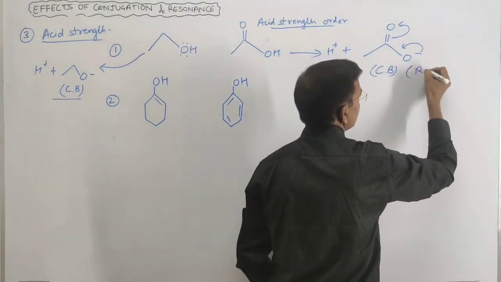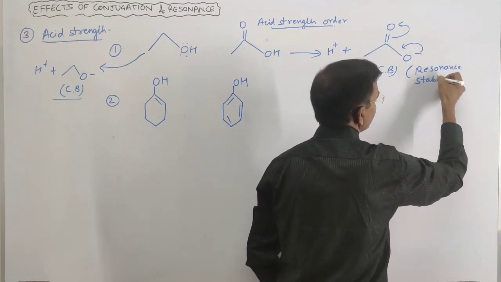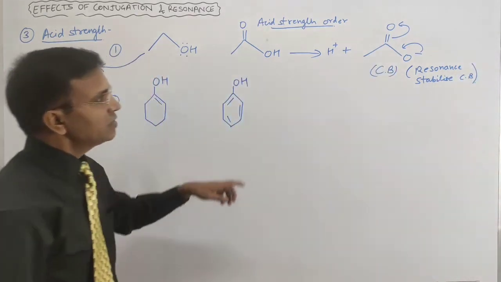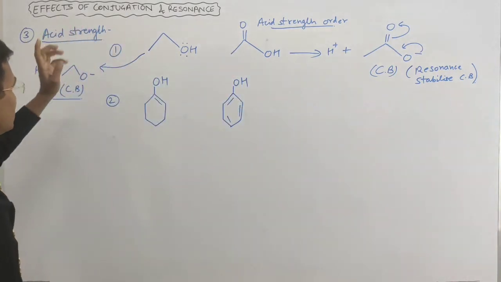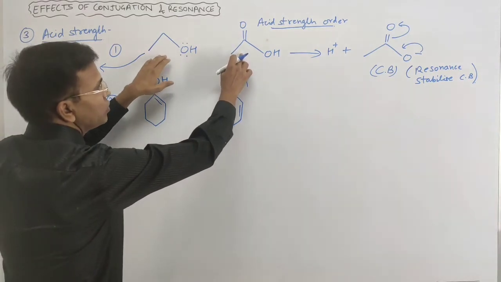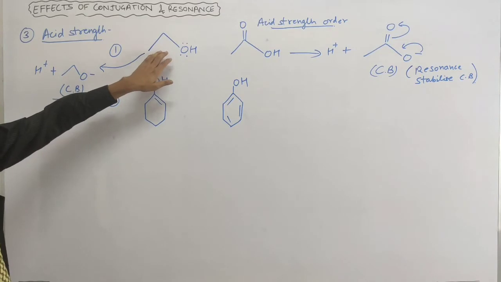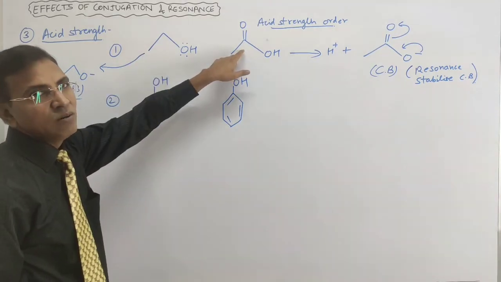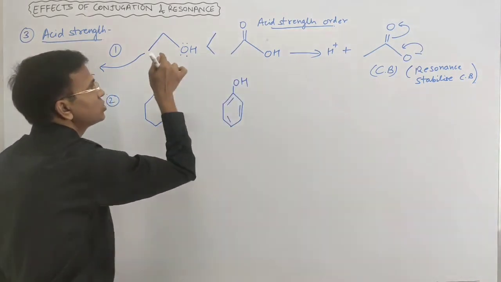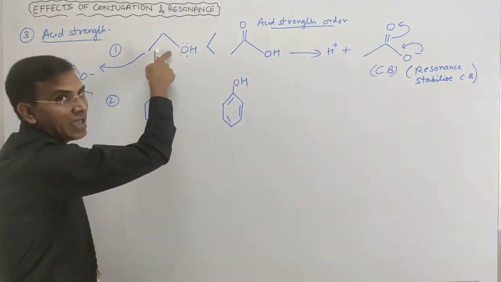This is a resonance stabilized conjugate base. So this conjugate base is more stable than this conjugate base. Means the conjugate base of this species is more stable than the conjugate base of this species. The more stable the conjugate base, the stronger the acid. So this acid is stronger than this. That means this is the acid, this is the alcohol.